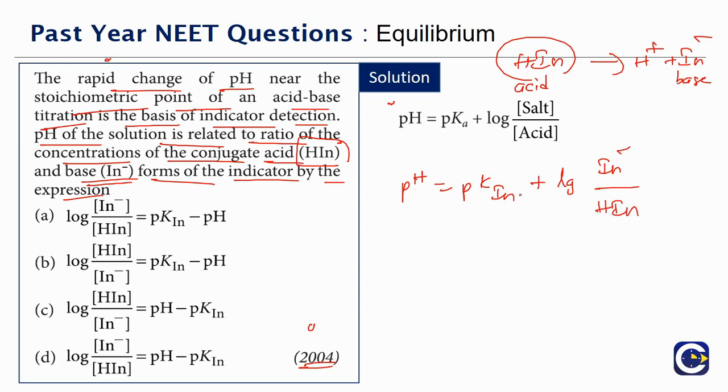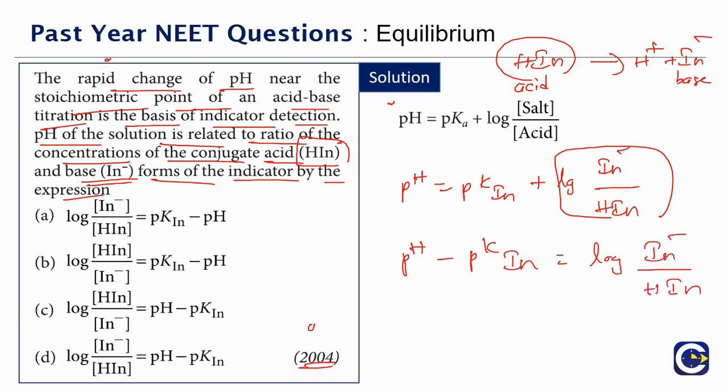So here we are looking at what? The formula for log of In minus by HIn, which is going to be what? pH minus pK indicator will be equal to log of In minus by HIn. So this is the formula we have. So what is the correct answer for this? It is option D. It's a straight formula question.